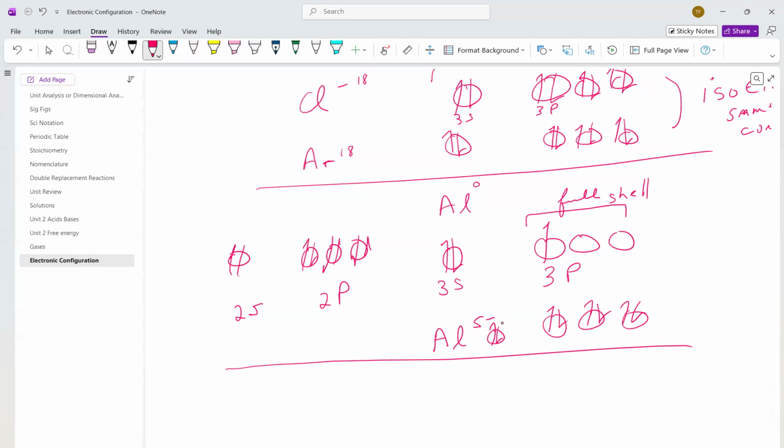Full shell. We had to gain 5 electrons though to get there. But does it become a different element? No, it's just an ion. Her question was, does it change into something else?